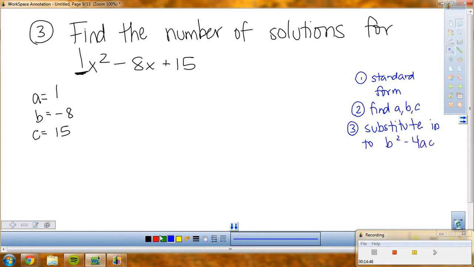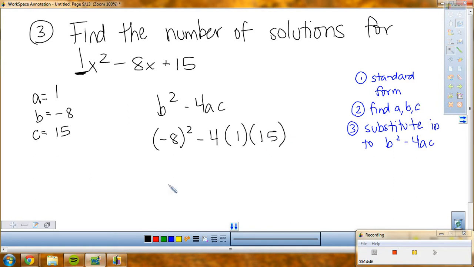So here we go. I have my b squared minus 4ac, the formula for the discriminant. So I'm going to substitute -8 squared minus 4 times my a is 1 and my c is 15.